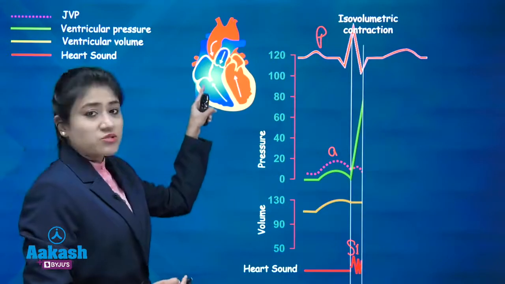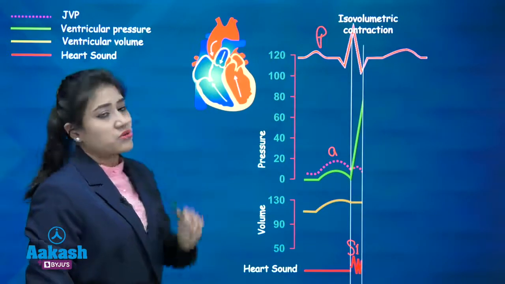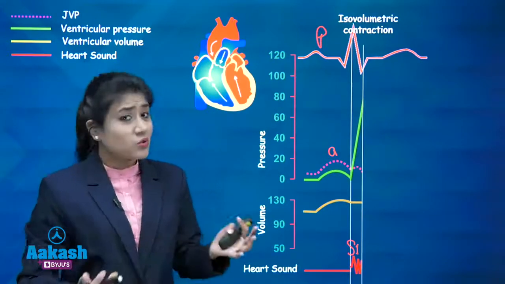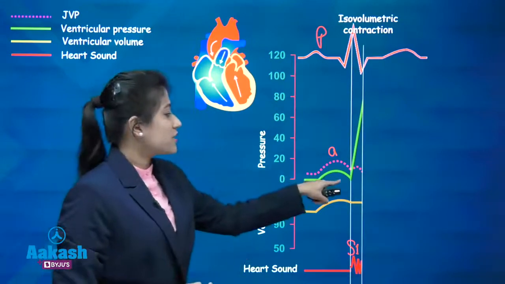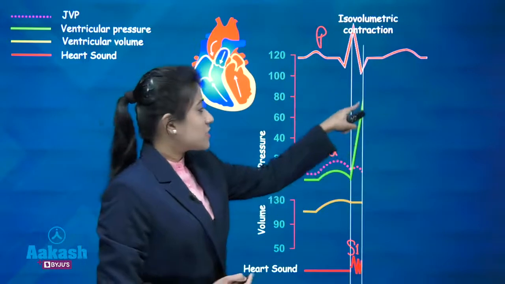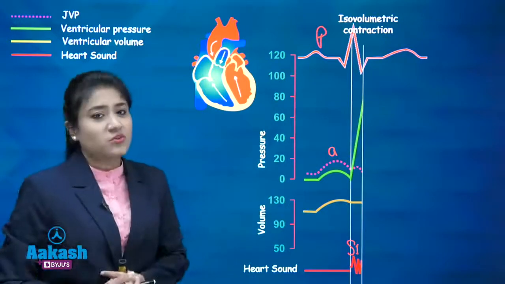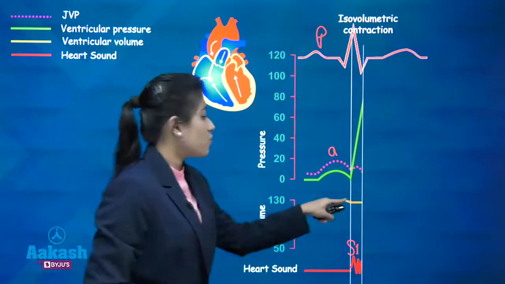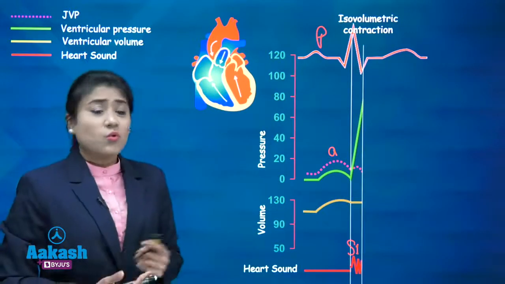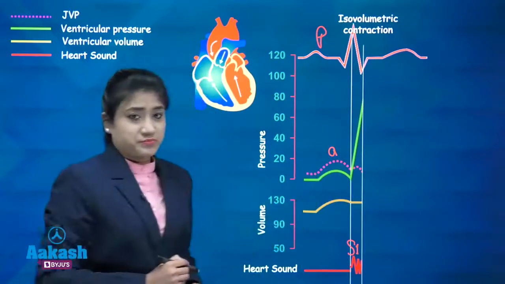Now, valves are closed, both the AV valves and semilunar valves. They both are now closed. Now, ventricles are contracting. So, here you can see that ventricular pressure is now increasing. What about ventricular volume? As both the valves are now closed, ventricular volume remains constant. What is happening to the atrial pressure?